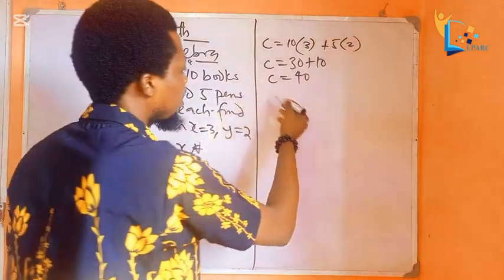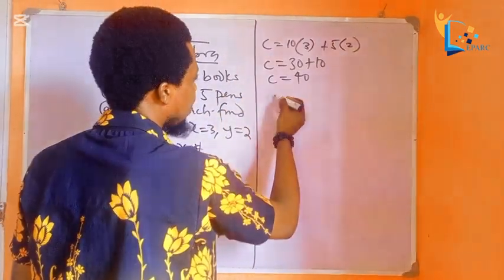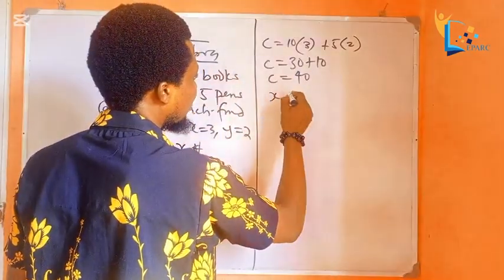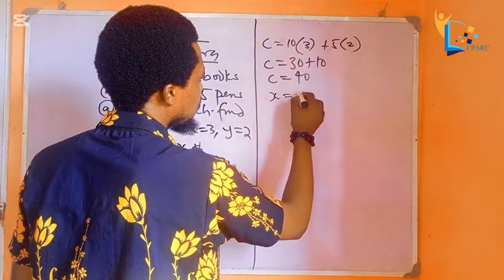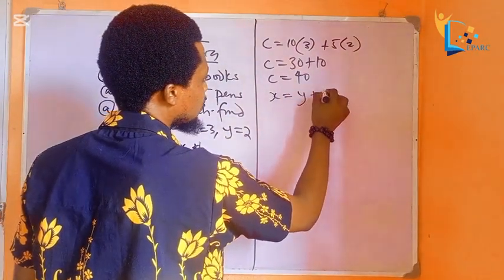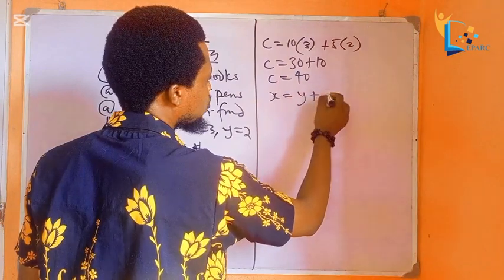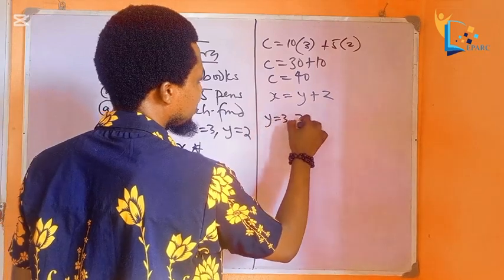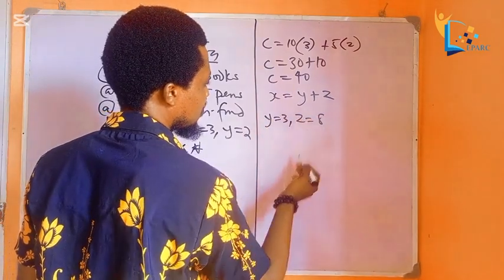Now, what if I say x is equal to y plus z, and let's say y is equal to 3 and z is equal to 8.